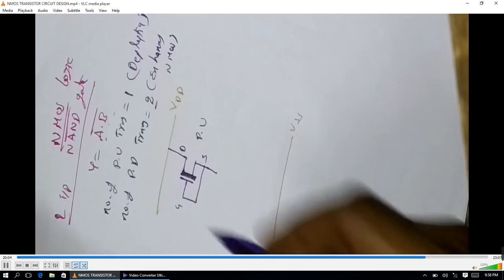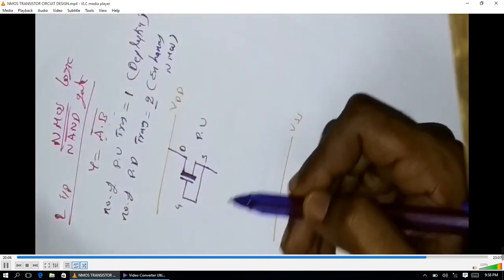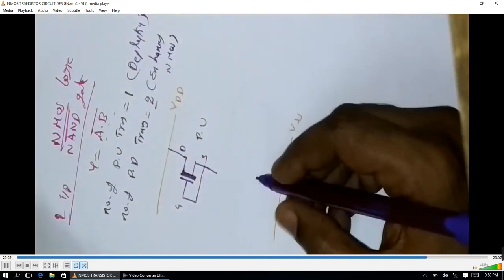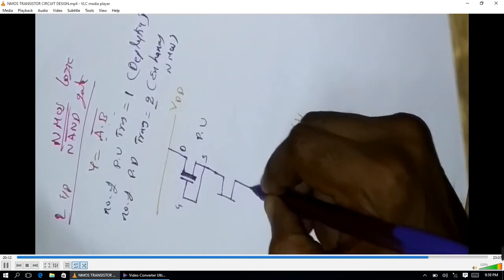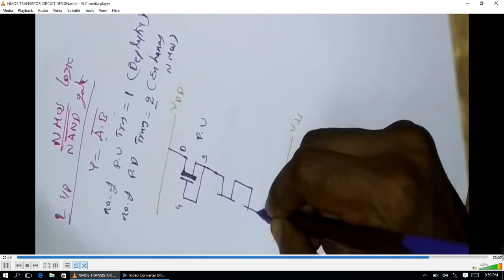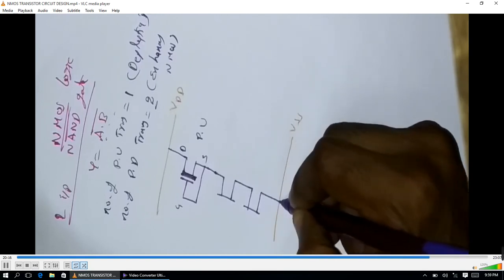Now coming to here, the AND operation means the NMOS transistors are connected in series. Now you can consider these two transistors. So these two transistors are enhancement mode.